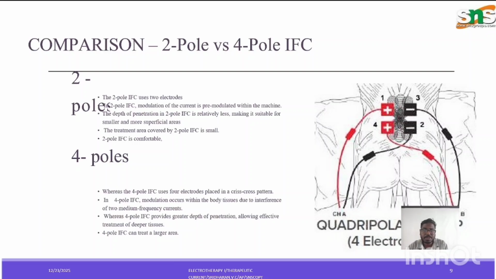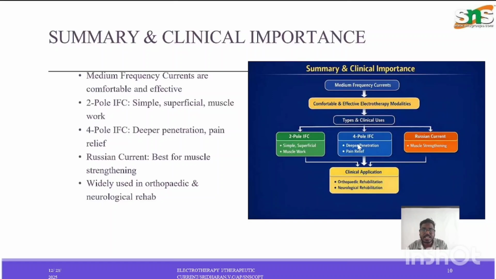For deeper penetration, we are going to use the four-pole interferential therapy, which gives greater depth of penetration and also allows effective treatment of the deeper tissues. So two-pole interferential therapy is more comfortable, whereas the four-pole interferential current can treat a large area.